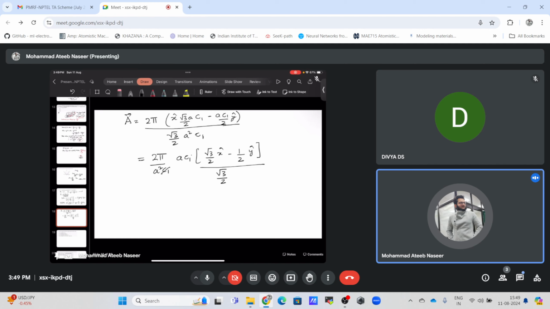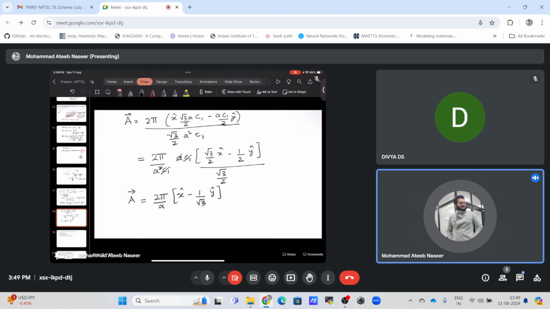This c1 and c1 will go, this a will go with this thing, and we will be left with 2π/a (x̂ − 1/√3 ŷ). So this is the reciprocal lattice vector A.